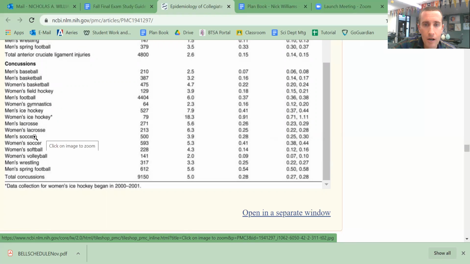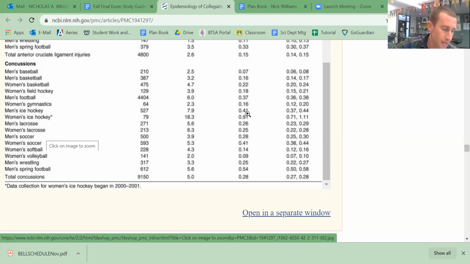And then for soccer, men's soccer, 0.28, and women's soccer is 0.41. So again, women's soccer has a slightly higher injury rate than men's soccer for concussions, whereas lacrosse is very similar. Again, I wonder if this is just that women's soccer, they play really hard. There's a lot of contact in women's soccer. I'm not sure. Okay, let's look at a column then.